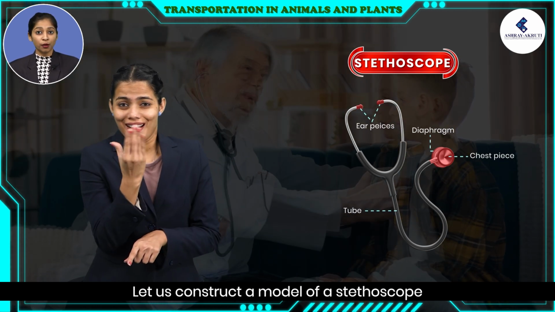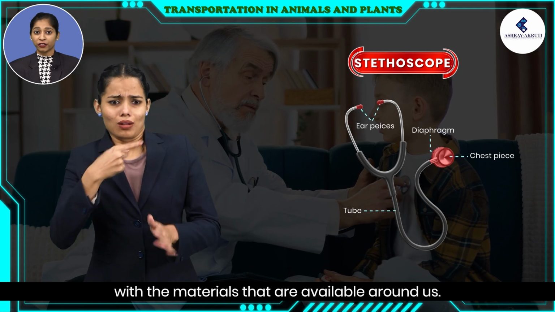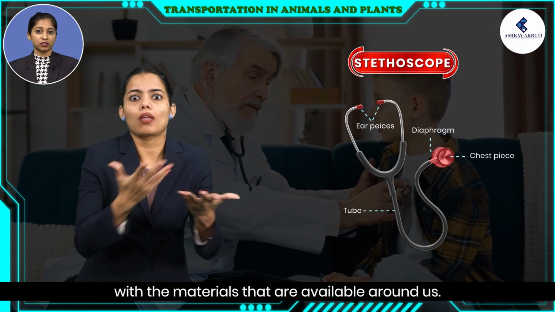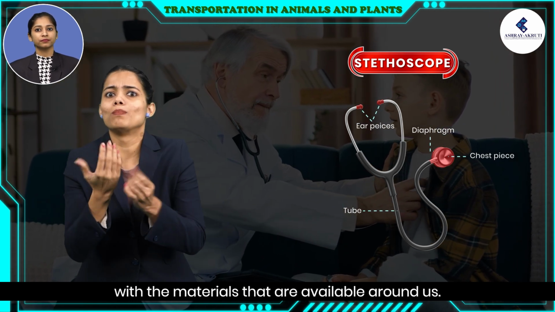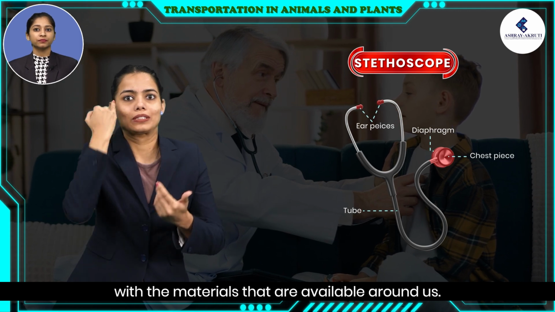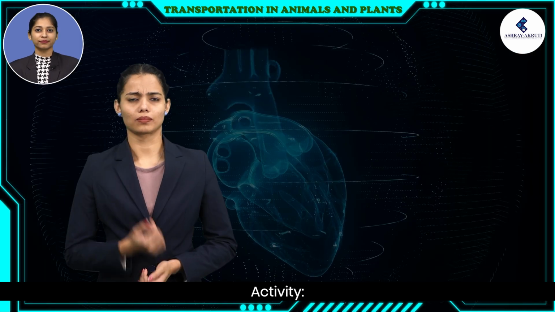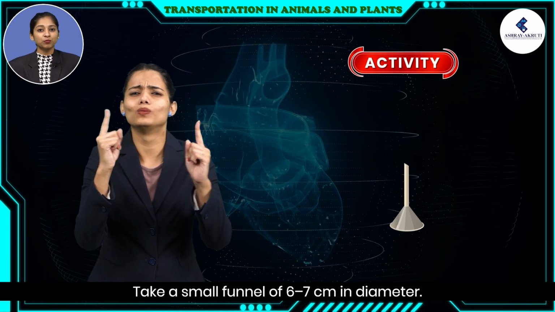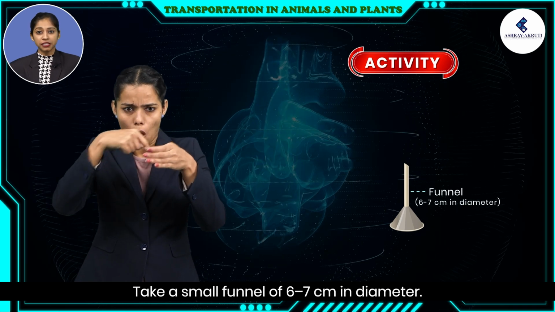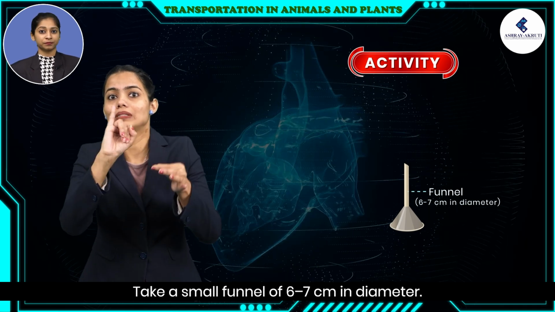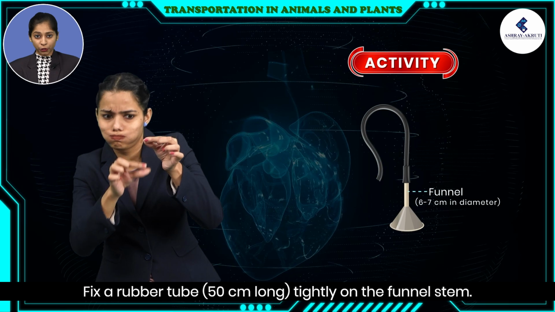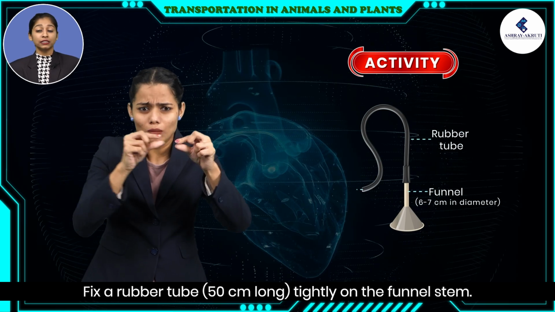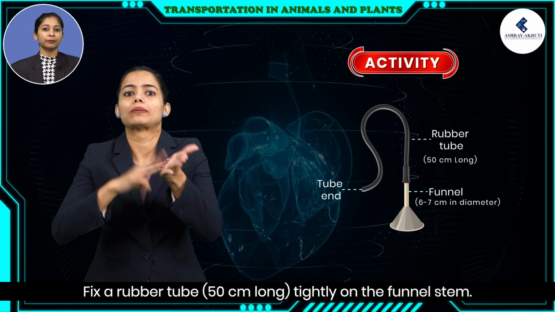Let us construct a model of a stethoscope with the materials that are available around us. Activity: take a small funnel of 6 to 7 centimeters in diameter. Fix a rubber tube 50 centimeters long tightly on the funnel stem.